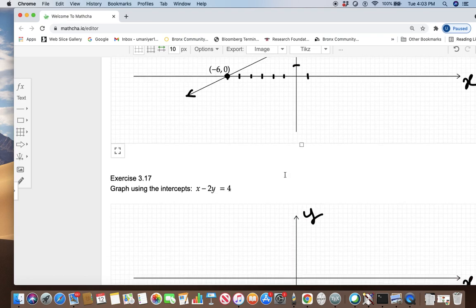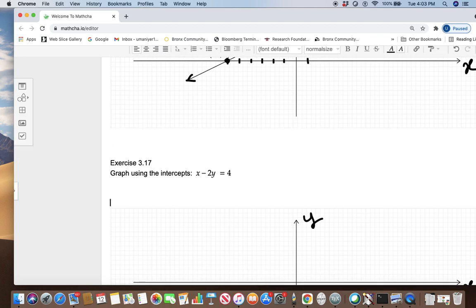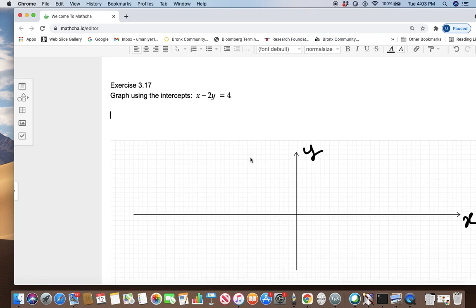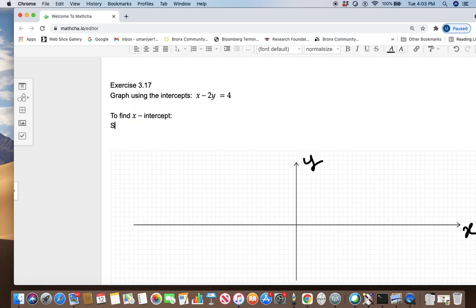So let's try one ourselves. X minus 2y equals 4. You want to draw the line using intercepts. So first let's find the x-intercept. What do we do?